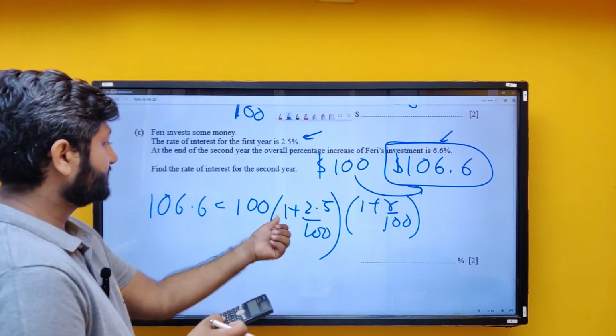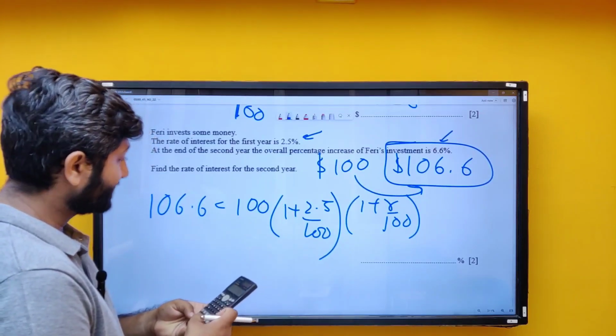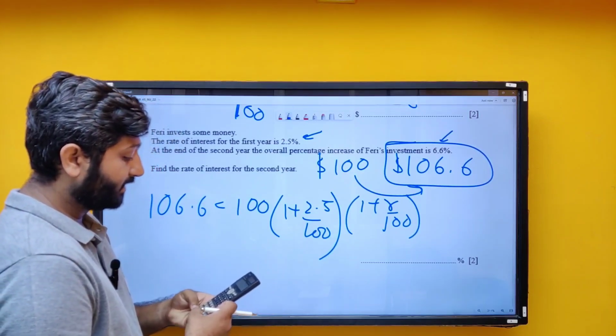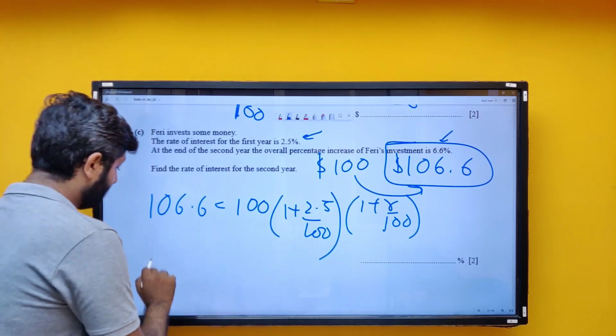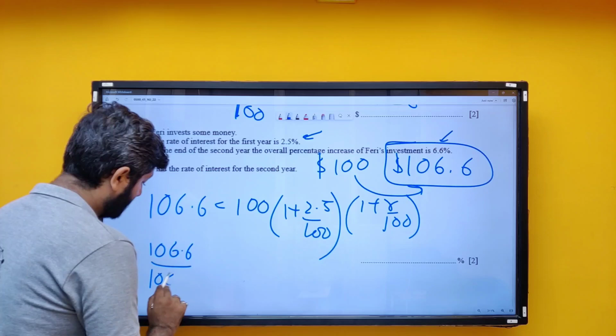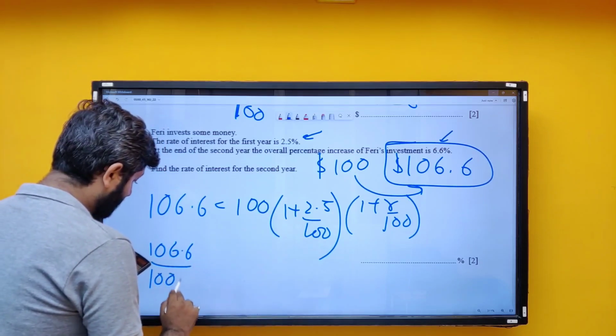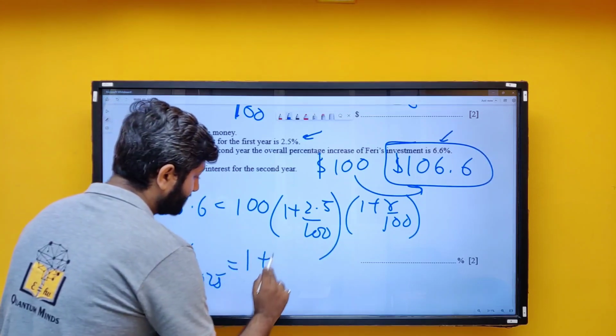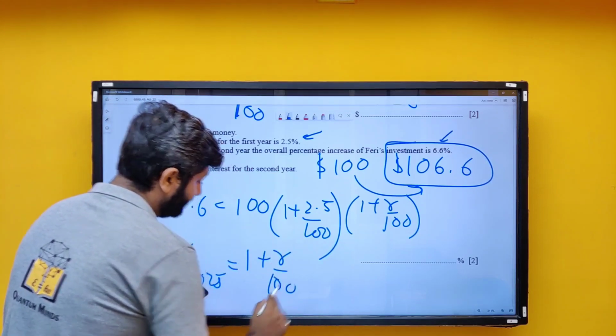So 2.5 divided by 100 plus 1, this is 1.025. 106.6 divided by 100 into 1.025 is equal to 1 plus R upon 100.